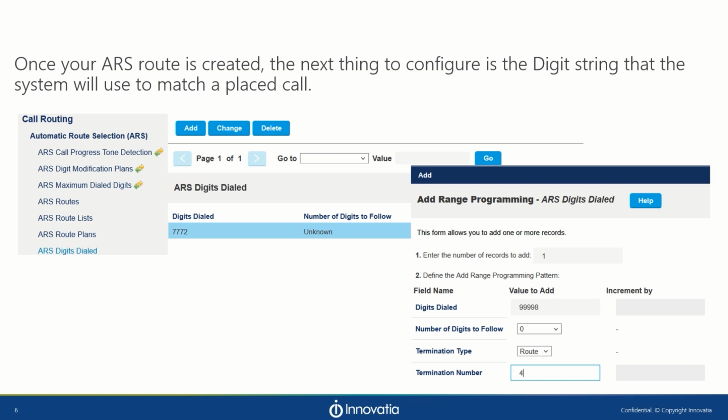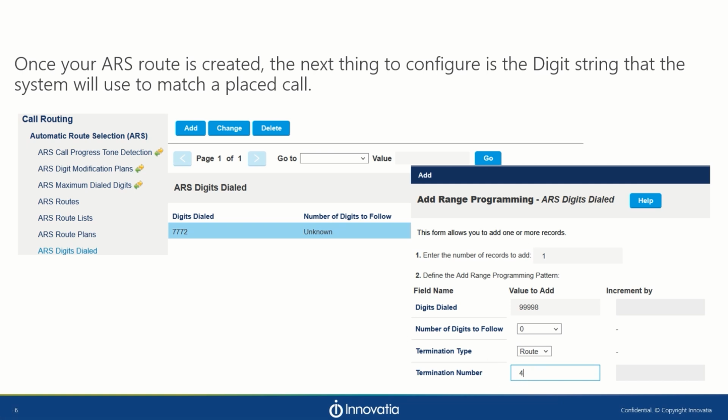And then the other key piece of information here is the termination number. Now, when we created our ARS route in the previous step, one of the very first things that I pointed out was the route number. So whatever number you selected to configure with that SIP trunk that we set up, that's going to be the number that you're going to enter here for the termination.